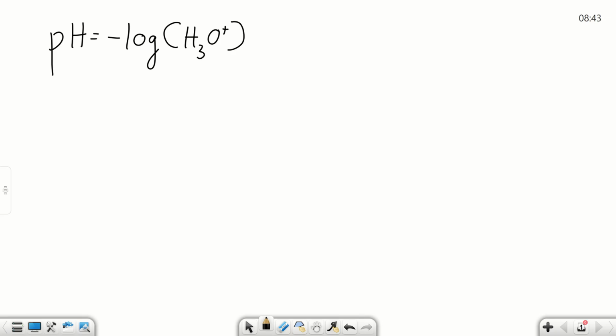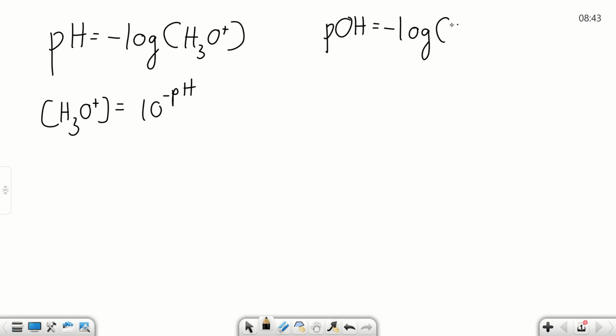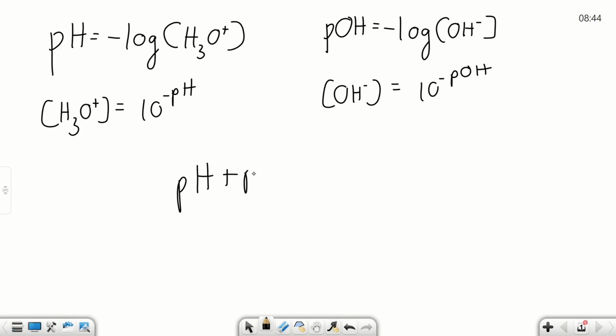We said H3O plus is equal to 10 to the negative pH. We have pOH is equal to negative log of OH minus. And we have OH minus is equal to 10 to the negative pOH. And then we have this last formula, pH plus pOH equals 14.